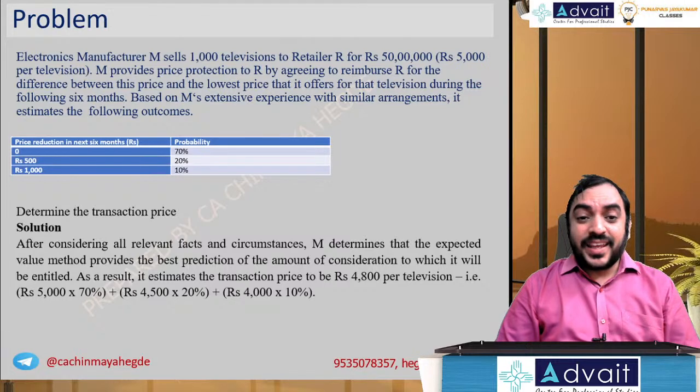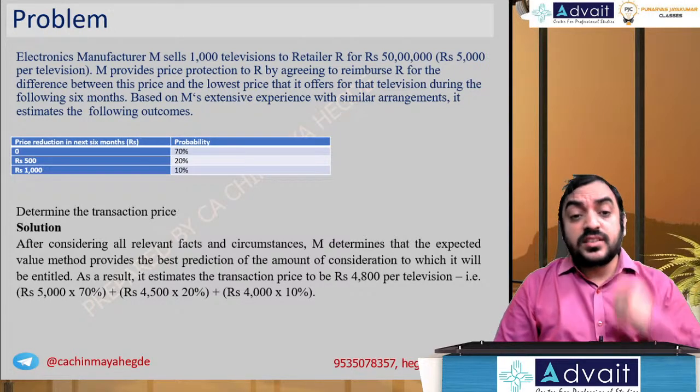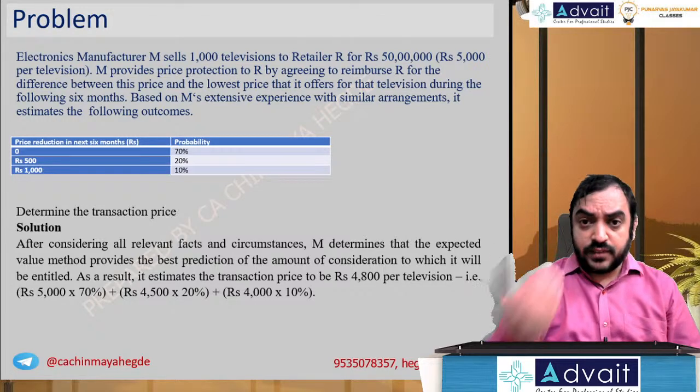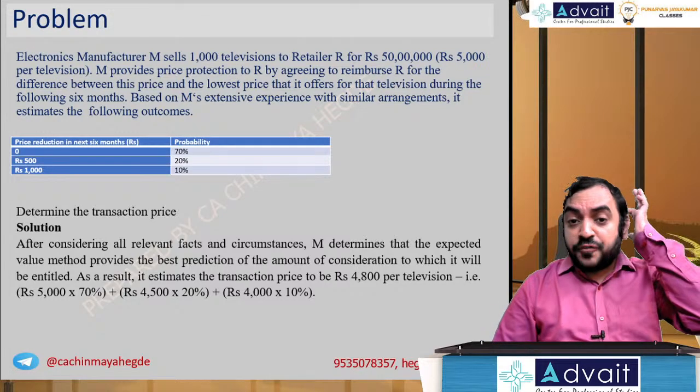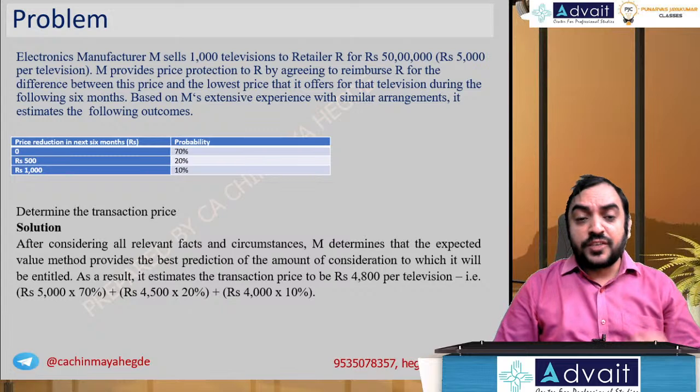M provides price protection to R by agreeing to reimburse R, the seller is giving some assurance, for the difference between this price and the lowest price that it offers for the television during the following 6 months.